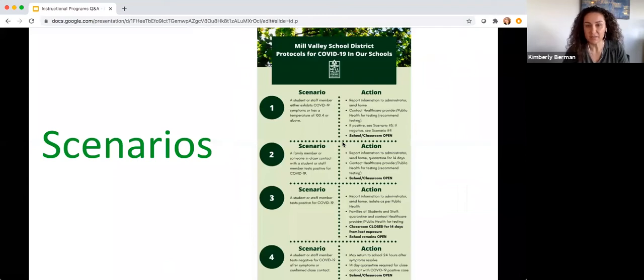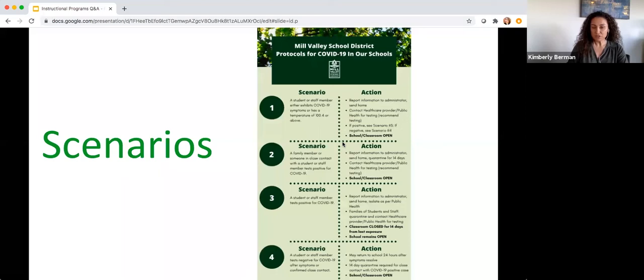The first one is if someone has one of those temperatures or, in the middle of the chart that Julie just read through, more of the common issues related to COVID. What would happen in that case is that the school or the classroom would remain open, but your child should be speaking with your doctor to understand whether a COVID test is the best course of action.